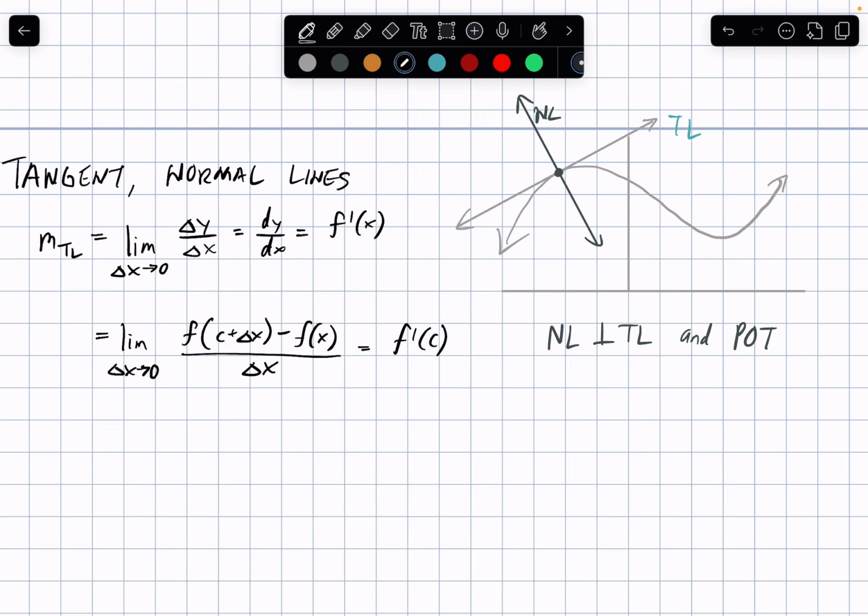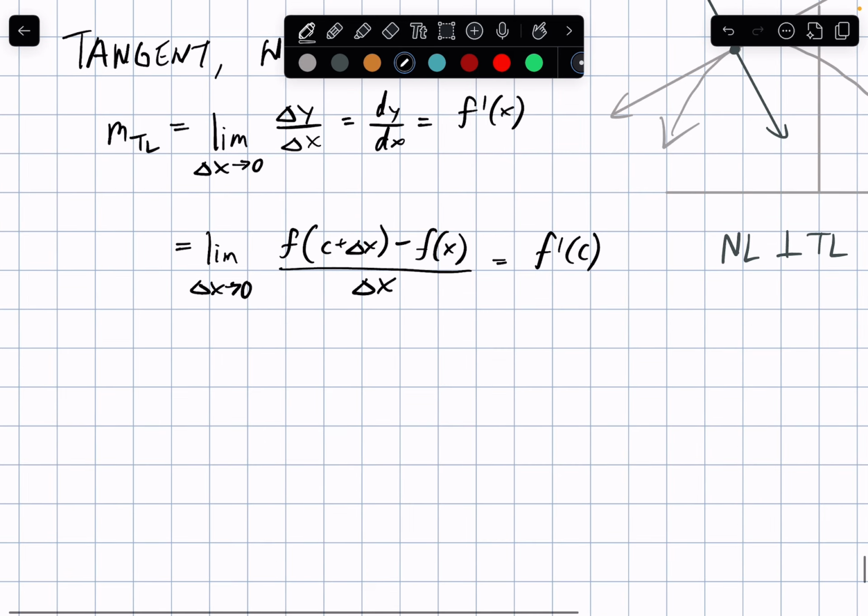If you want to look for the slope of the normal line, given that you have the tangent line slope, it's basically going to be its negative reciprocal.